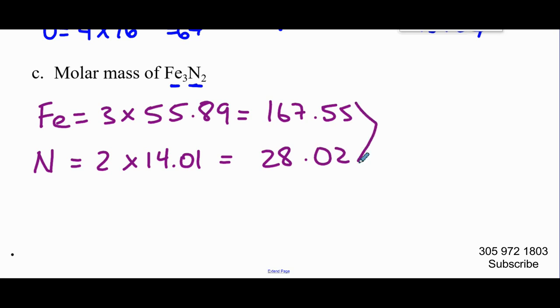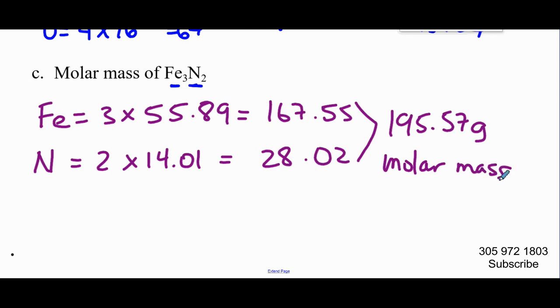When you add these two masses, you end up with 195.57 grams. Grams, of course, that is the molar mass. Okay, molar mass of the compound given, which was Fe3N2.